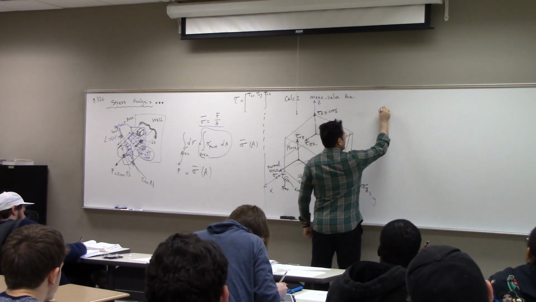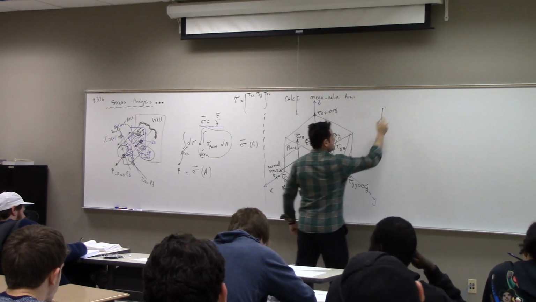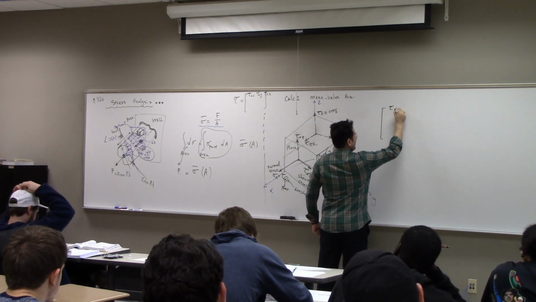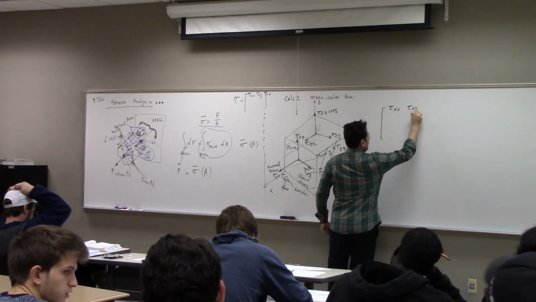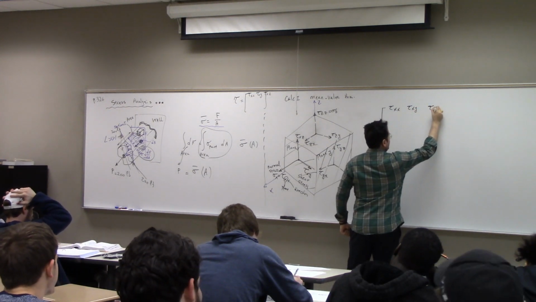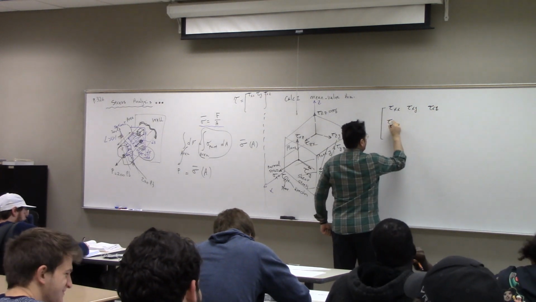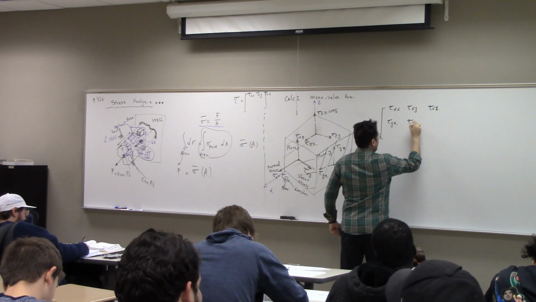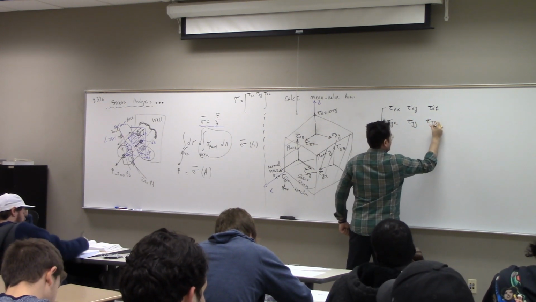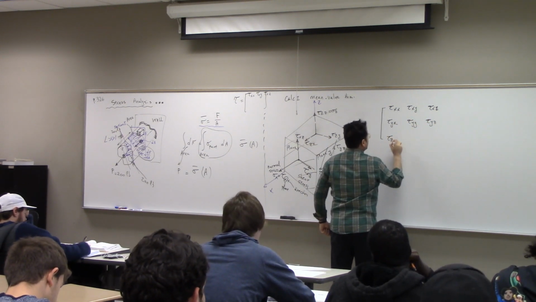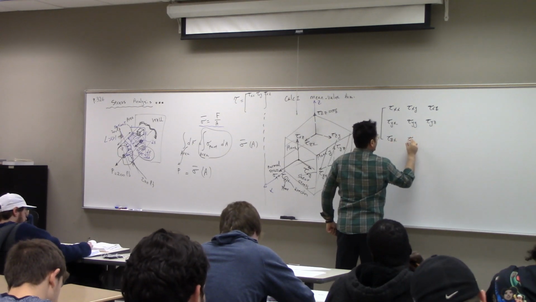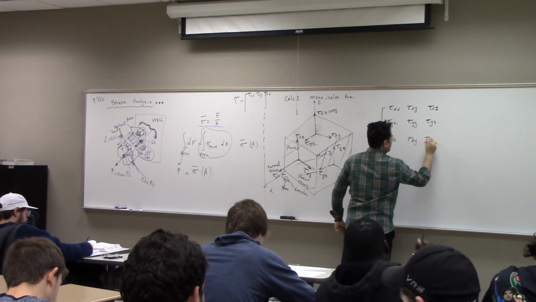So if I put this information in a matrix: tau XX, tau XY, tau XZ, tau YX, tau YY, tau YZ, tau ZX, tau ZY, tau ZZ.